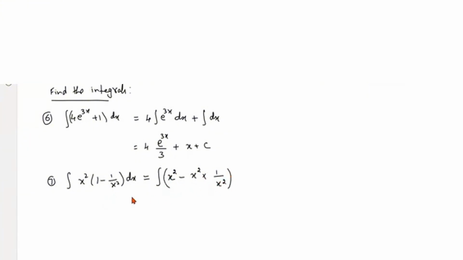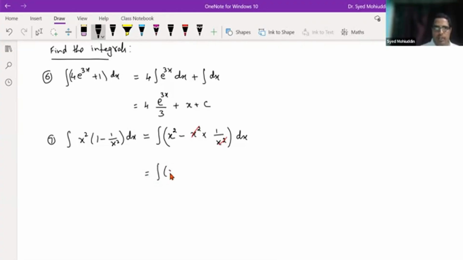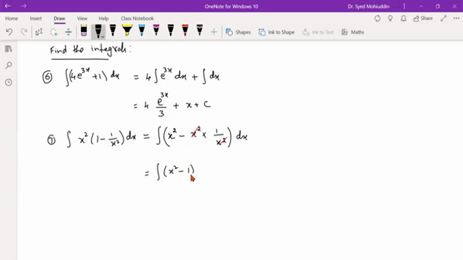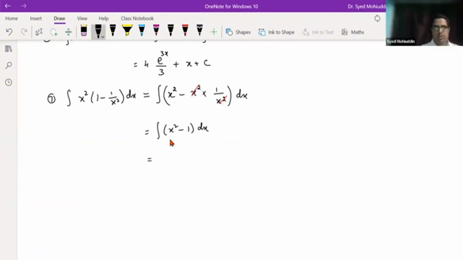Taking that x square inside, dx will remain as it is. Are you getting it? So just cancel out this x square and x square. So what you'll be getting is the integral of x square minus 1 into dx.